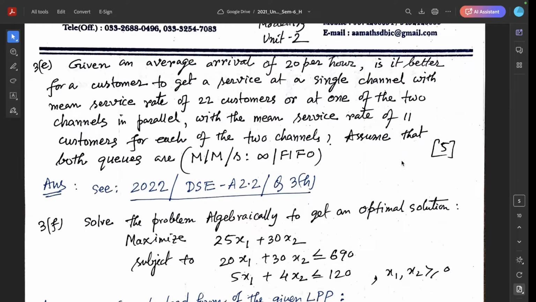Assume that both queues are of model M/M/S/infinity, FIFO, first in first out, Markovian. This is the same question as the 2022 Mathematical Modeling DSE paper A2.2, question number 3H.